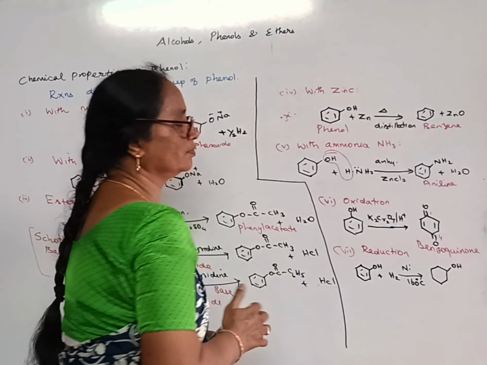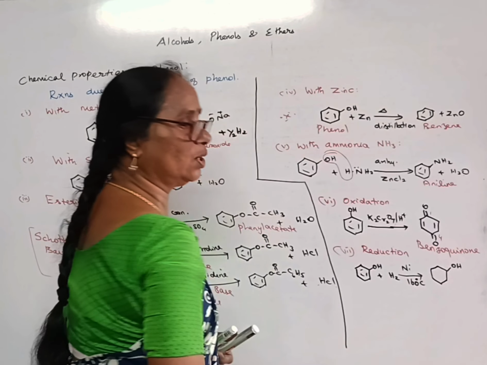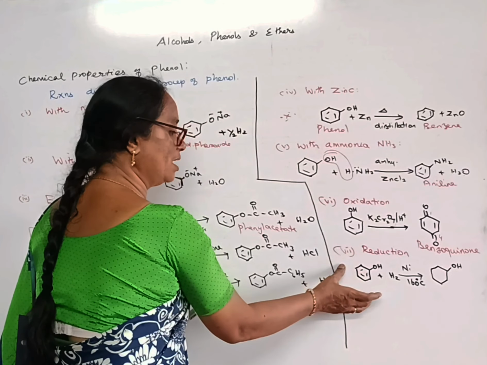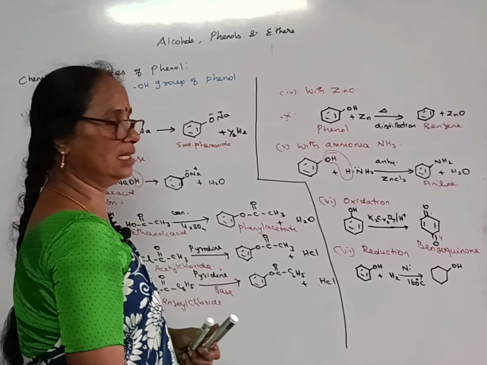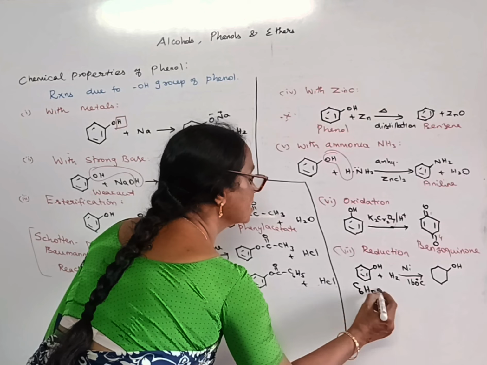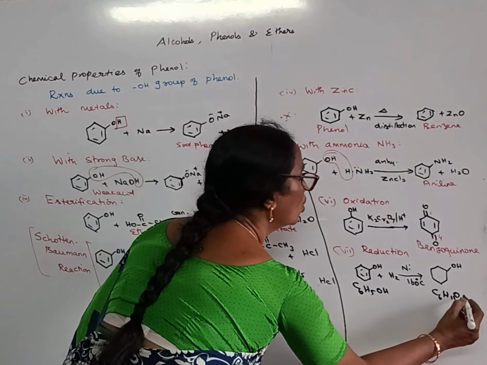And reduction. The benzene ring is converted into cyclohexane. How is it possible? When phenol is heated with nickel and hydrogen at 160 degrees Celsius, C6H5OH is converted into C6H11OH.